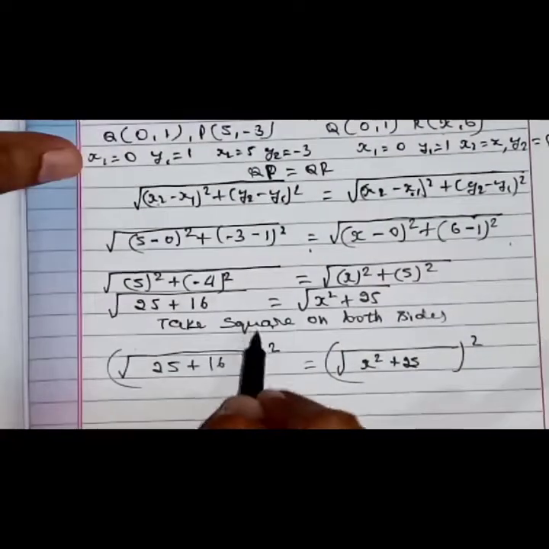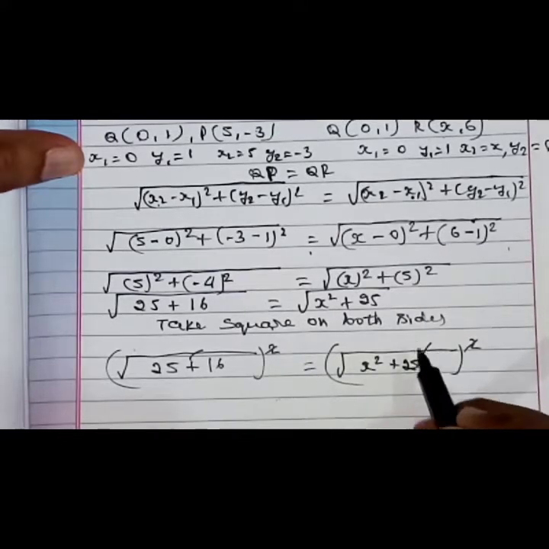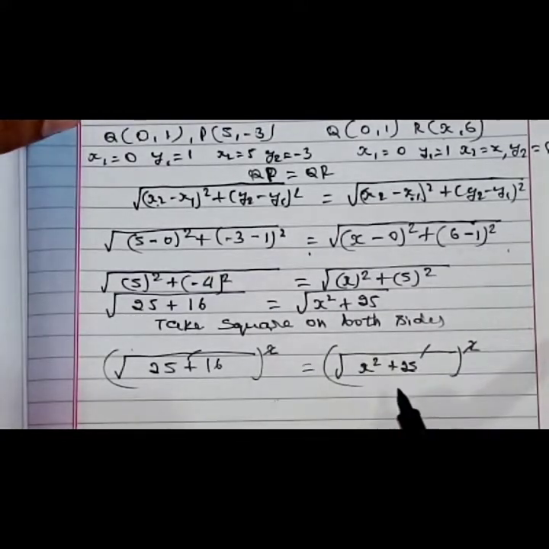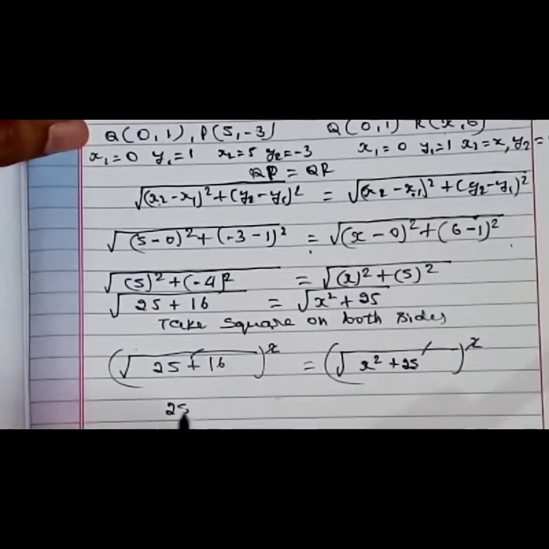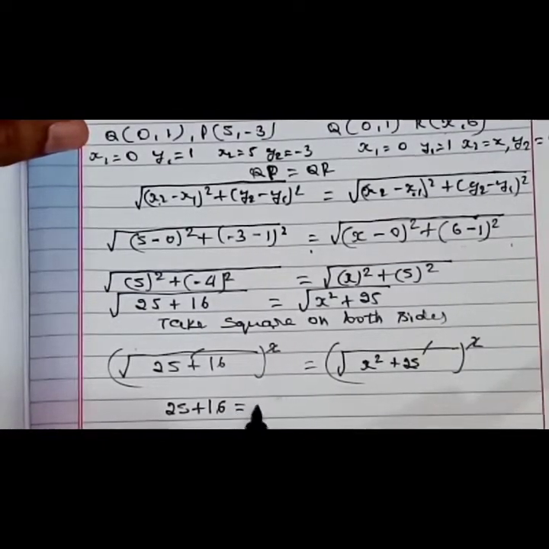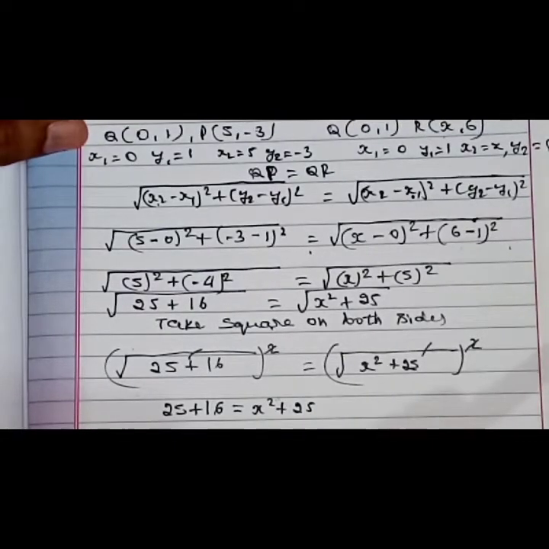Okay, now square root gets cancelled, here also square root gets cancelled children, right? Now whatever remaining, just write down, so 25 plus 16 is equals to x square plus 25, right children?